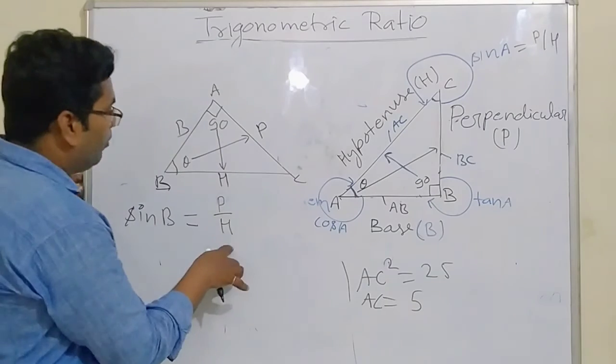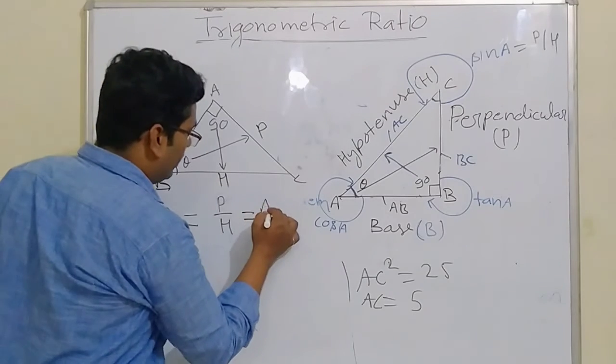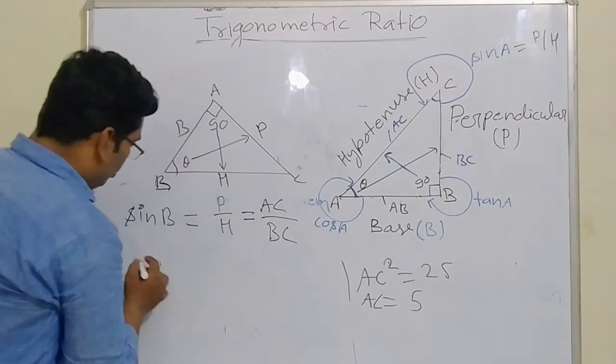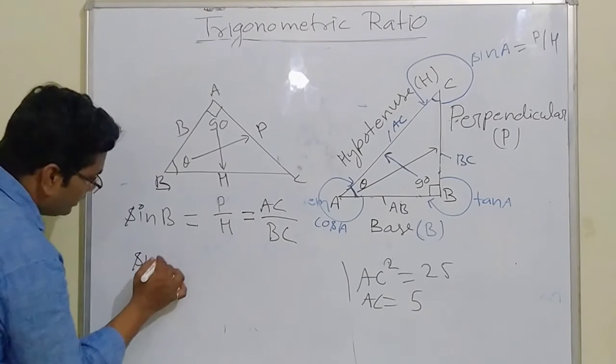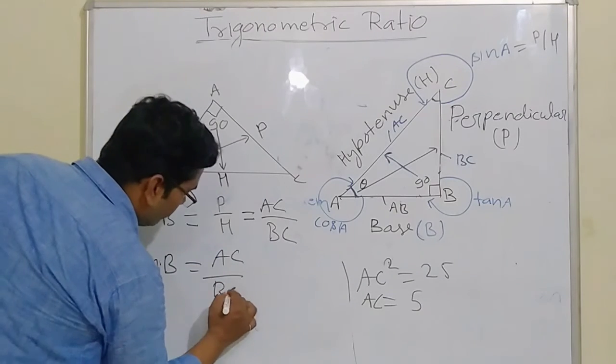So perpendicular upon hypotenuse means perpendicular is AC and hypotenuse is BC. So we can write sin B is equal to AC upon BC.